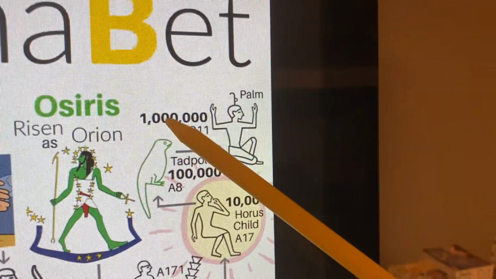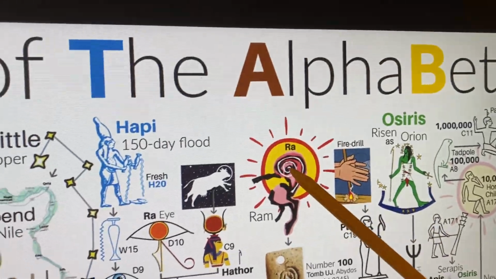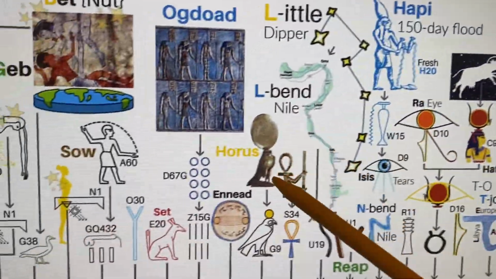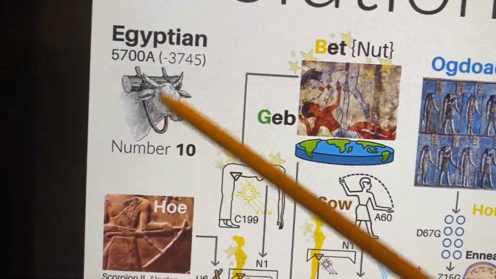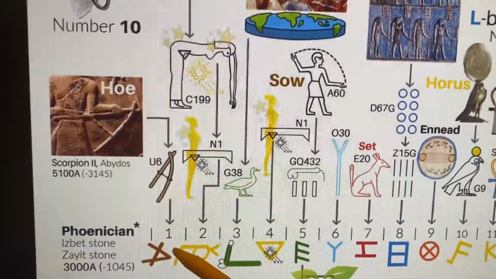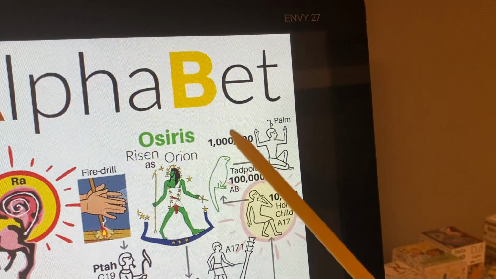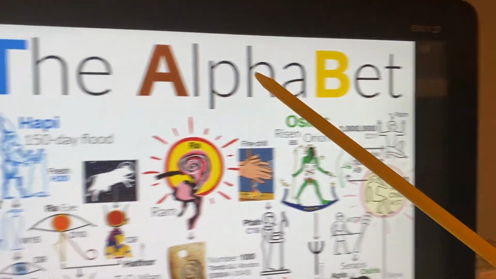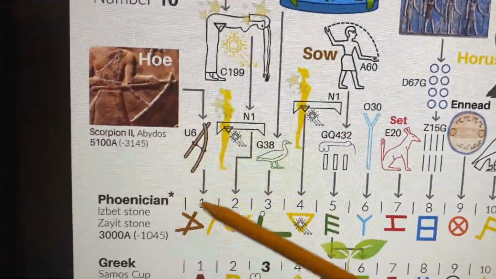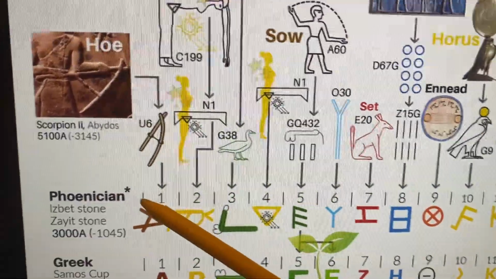So all these, 10,000, 100,000, 10,000, 1,000, 100, 10, or 10 yoke, all reduce back to 1 in modular 9 arithmetic. So mathematically, after you get to 1,000,000, everything reduces back to number 1, and the whole alphabetic cycle starts over again.